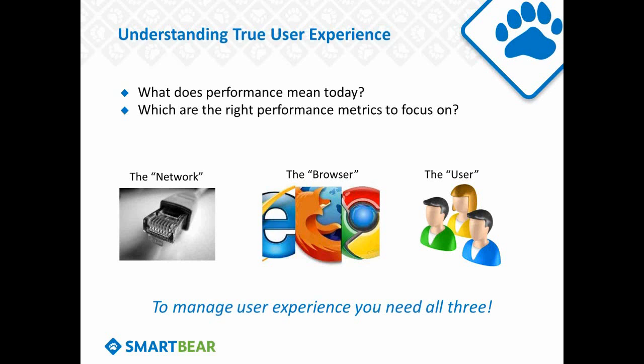And then there's the user perspective, which is how a user would perceive the page is loading. This is more of a perceived performance metric rather than a harder performance metric. And to really triangulate and manage user experience well, you really need all three.